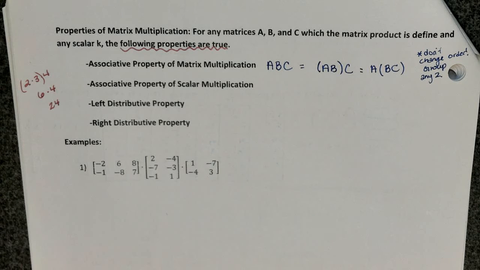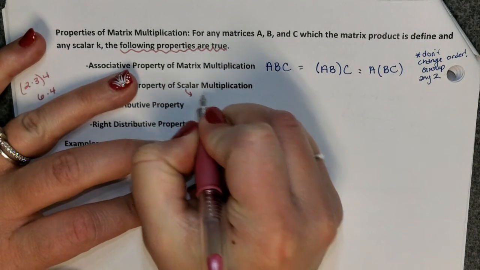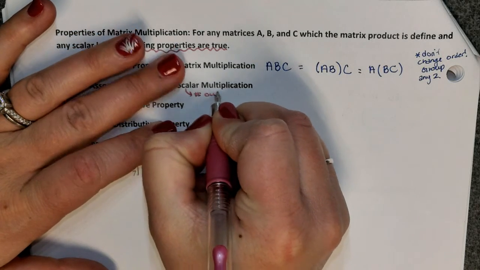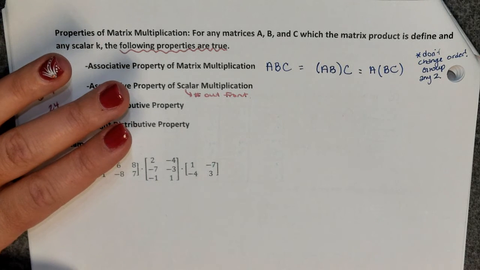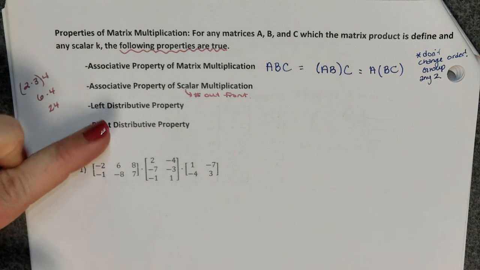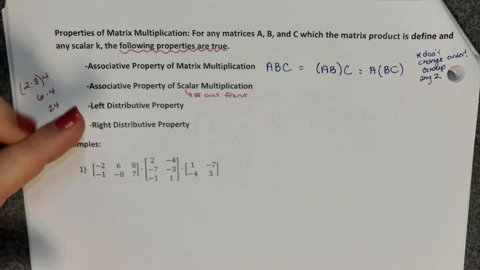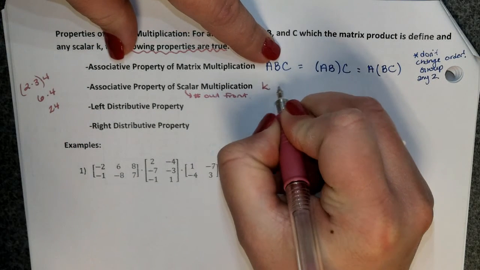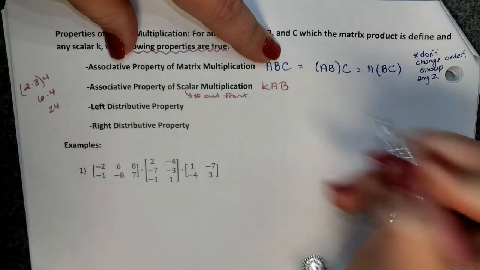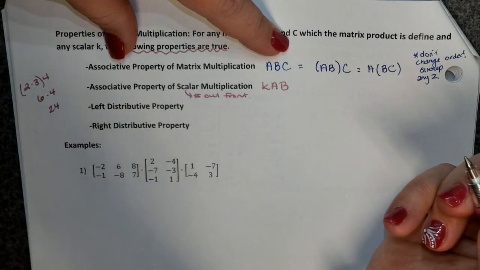The associative property of scalar multiplication says that if we have a number out front, remember the scalar is the number out front, the number that you just distribute to everything, to all the elements in the matrix. If we have K times A times B, you can do this a couple different ways.